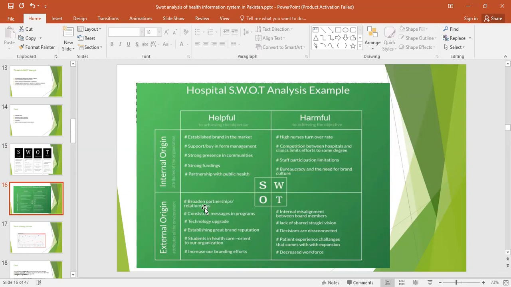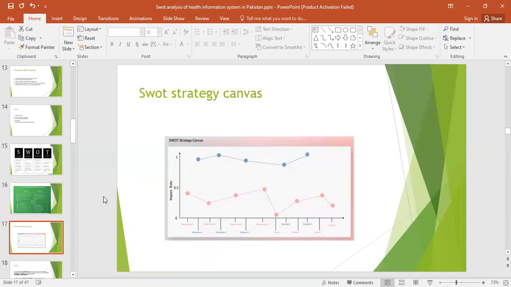Opportunities: brand and partnership relationships, consistent messaging in programs, technology upgrade, establishing great brand reputation, increased branding effort. And the threats are internal misalignment, lack of shared strategic vision, disconnected decisions, patient experience challenges that come with your expansion, and decreased workforce. This is an example of SWOT analysis in a hospital setup.